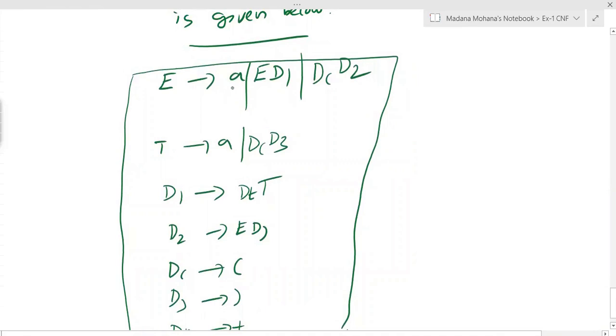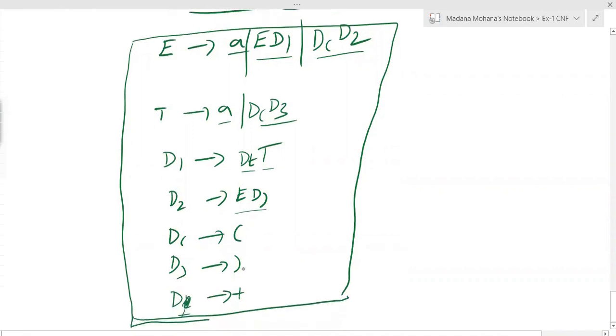Now you can verify: E derives A single terminal, E D1 two variables, then D suffix left braces D2 two variables, T derives A single terminal, then T derives D suffix left braces D3 two variables length, then D1 derives D suffix T, T two variables, D2 derives E D suffix right braces two variables, D suffix left braces derives left braces single terminal, then D suffix right braces derives right braces single terminal, then D suffix plus derives plus single terminal.